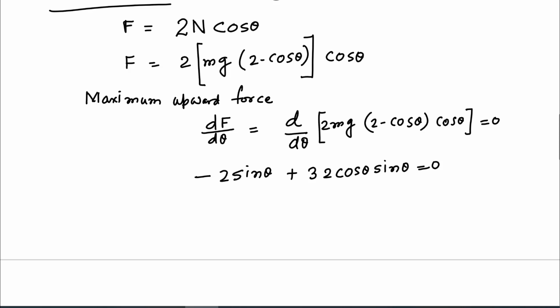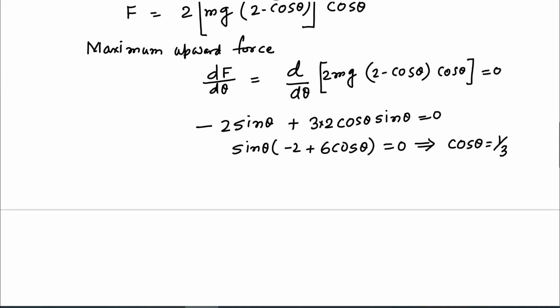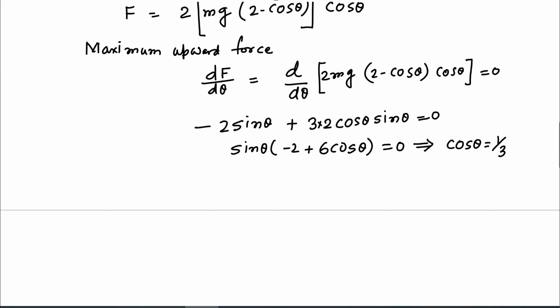From here, if I take sin theta common, I will have minus 2 plus 6 cos theta multiplied, equal to 0. So this means cos theta is equal to 1 by 3. When cos theta is 1 by 3, the normal force is maximum in the vertical direction.